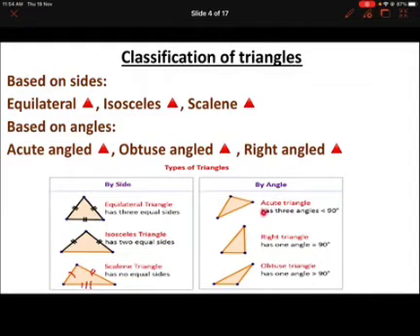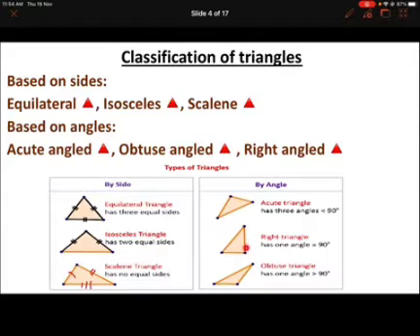We classified based on sides. Now we are doing based on angles. So based on angles, we have acute angle triangle, in which you can see all the three angles are less than 90 degrees. Right angled triangle, or you can also call it as right triangle, children. It has any one angle as 90 degrees. That means one of the angles, in this case we can take this angle, is 90 degrees.